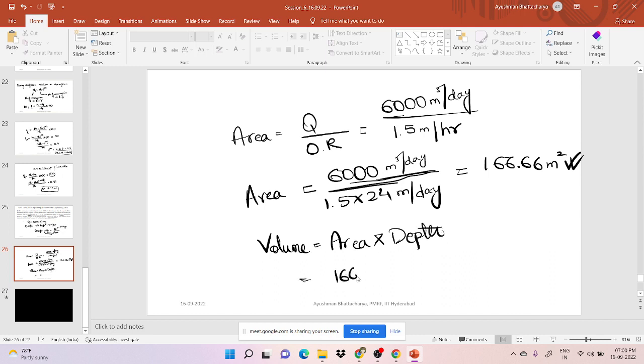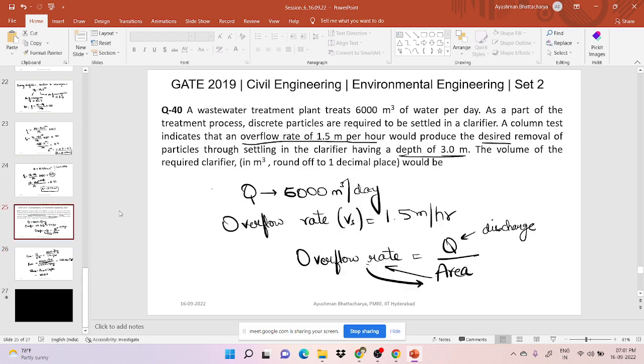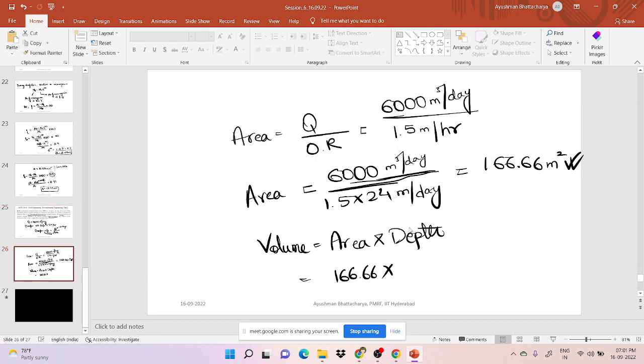Area is 166.66, and the depth given in the question is 3 meter. So the answer would be 500 meter cube. Always, whenever you are calculating, look at the units. They mentioned meter cube per day and meter per hour, so you have to make a common unit and then proceed further.